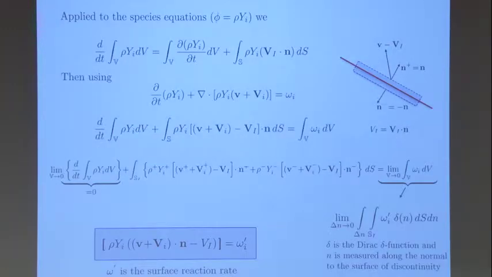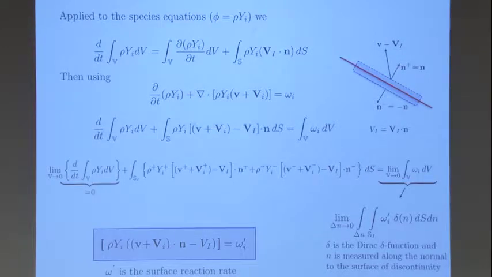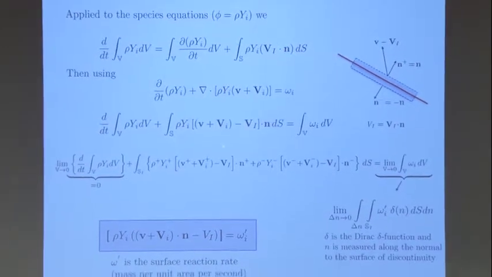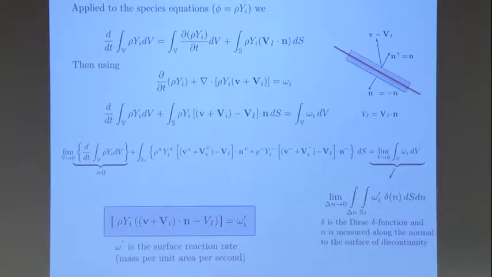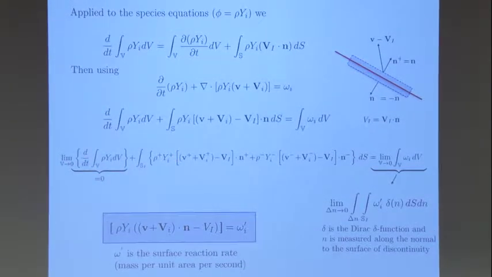We can write similar, and I'm going to rush through the next 2 or 3 slides. We can do the same exercise for the balance equation of species i. So the accumulation is going to be 0. We are going to have fluxes through the surface up and down. But now the fluxes are not only convective fluxes, but convective plus diffusive, because the total flux is convective and diffusive.